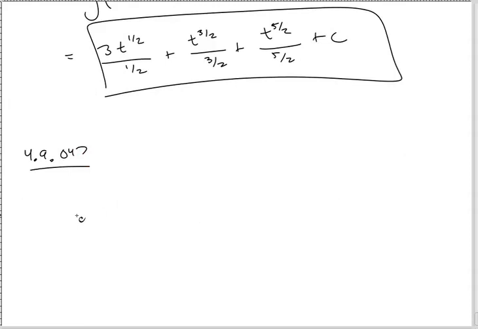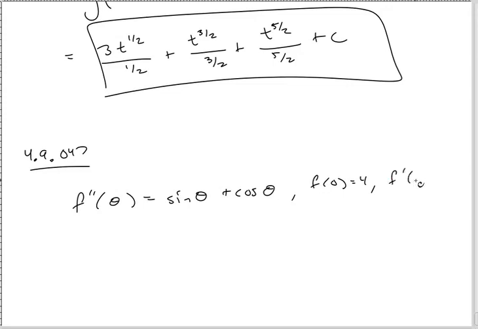4.9.047. F double prime of theta is equal to sine of theta plus cosine of theta. And they say that f of 0 is equal to 4. Here it is. F prime, I warned you about this, f prime of 0 is equal to 1.